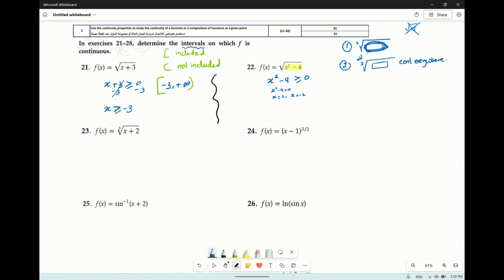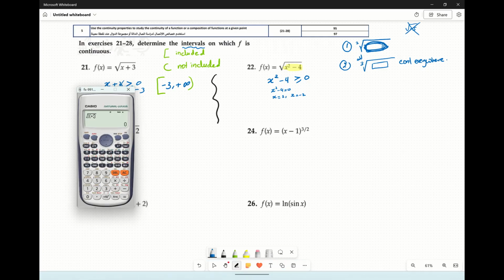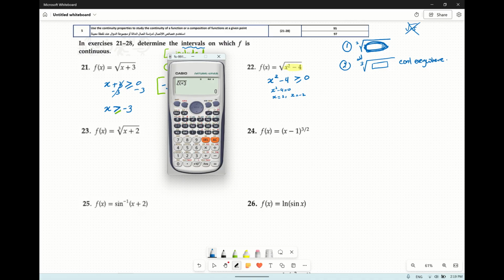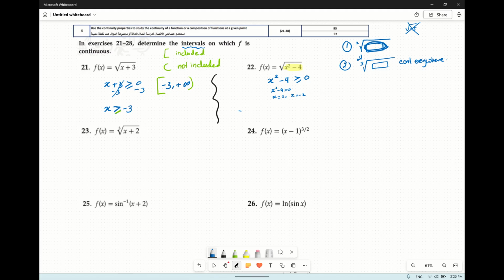Now, how did I get this answer? If you are ever confused here, you can do this in mode 5-3. Factor this, a is 1, b is 0, c is minus 4, so I get 2 and minus 2. Now I draw a line. I put minus 2, 2.